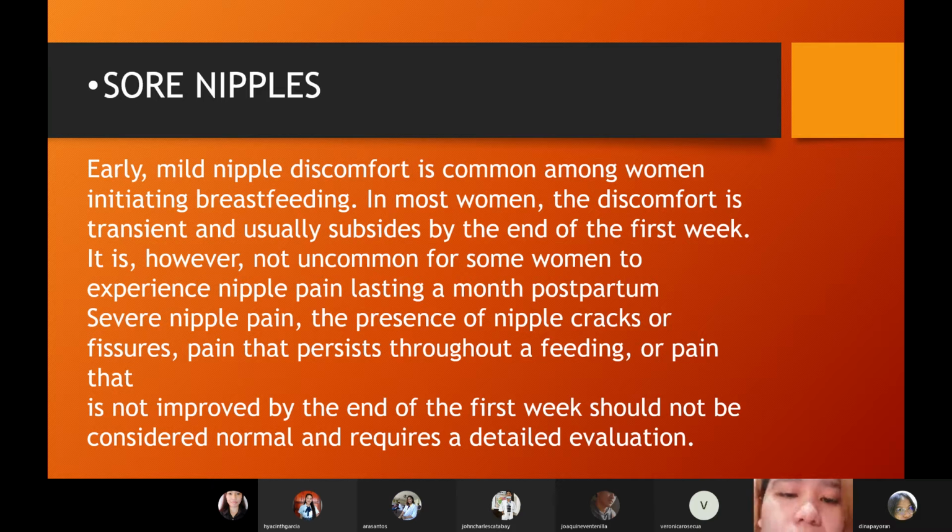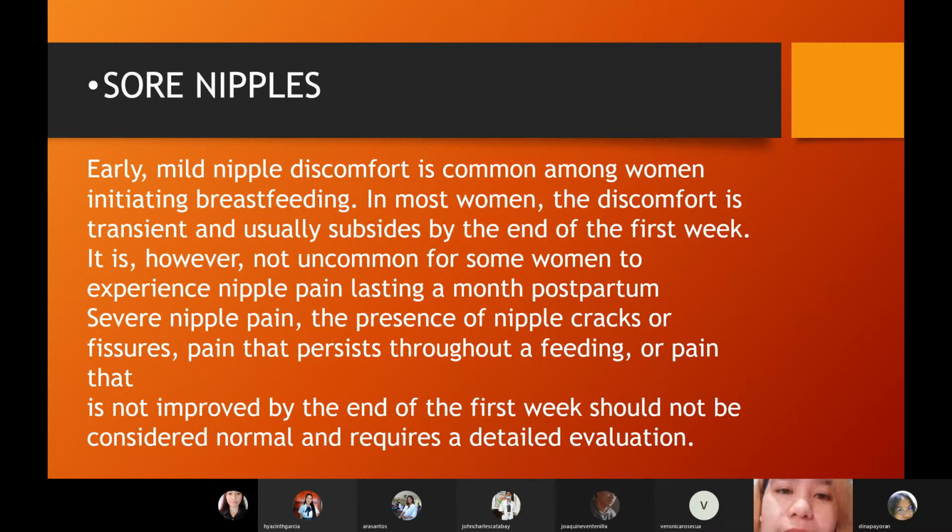So, sore nipples. Early mild nipple discomfort is common among women initiating breastfeeding. In most women, the discomfort is transient and usually subsides by the end of the first week.